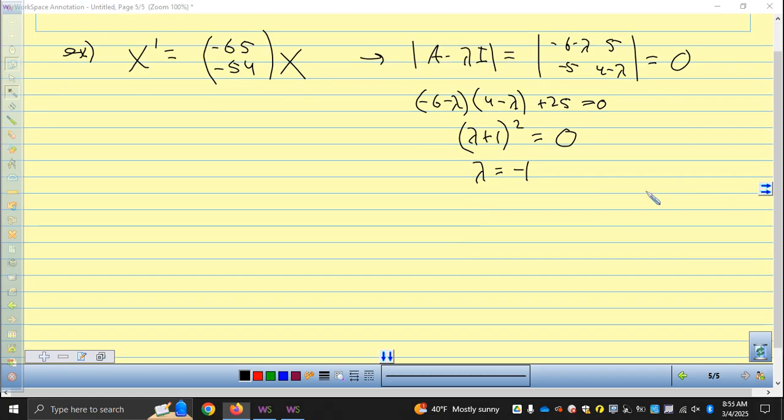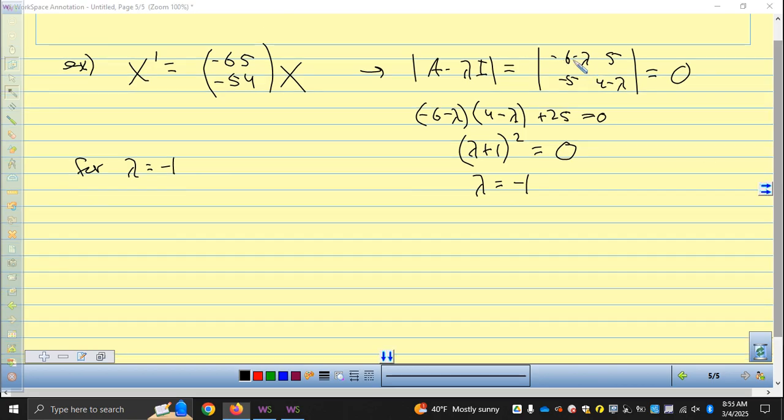And we have a repeated eigenvalue, multiplicity 2. So for lambda equals negative 1, I'm going to put negative 1 here for my equation, and we get negative 5 k1 plus 5 k2 equals 0.